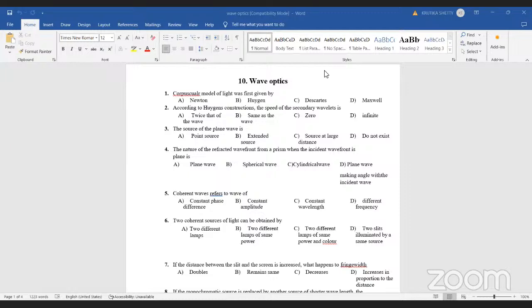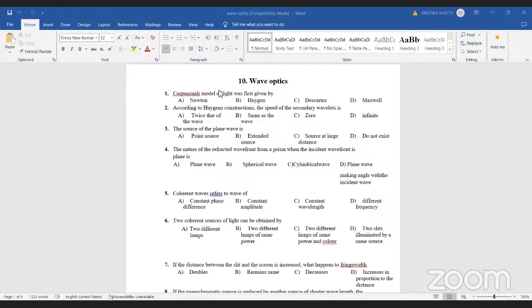Huygens or Newton? Yes, remaining students. Corpuscular model of light was first given by, yes, the remaining students. It was given by Newton, ala? Why you have the confusion? It was given by Newton. Option A is the correct answer.